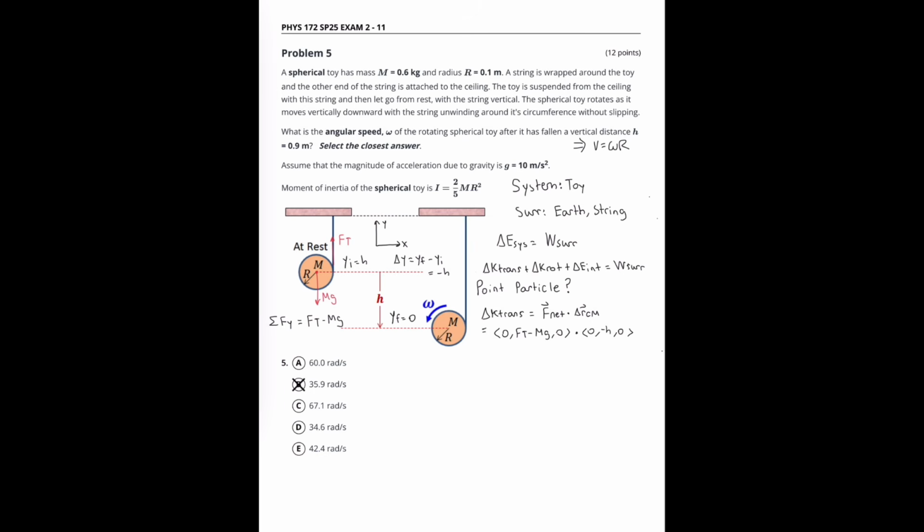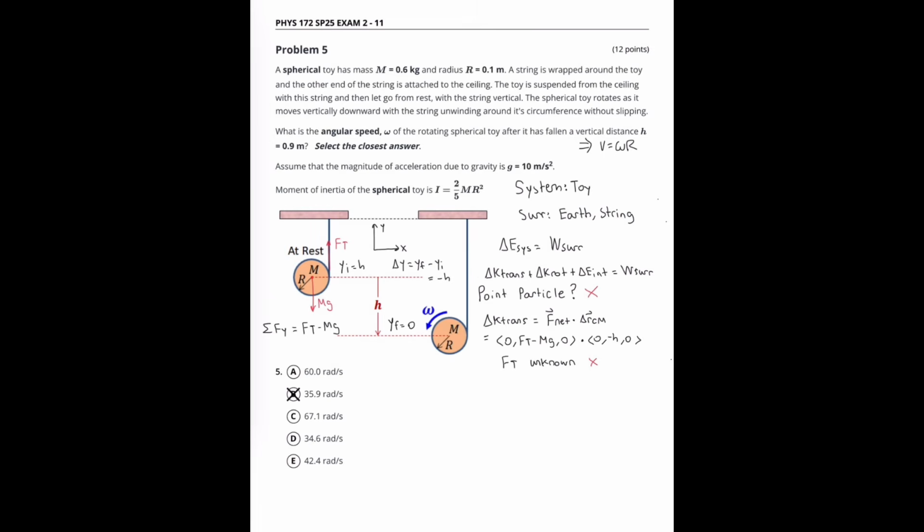However, we have one problem. We don't know what Ft is. So Ft is unknown. Therefore, in this problem, we cannot use point particle to solve for our K trans. So I'm going to draw equation 1 right here. So we're going to rewrite equation 1 now.